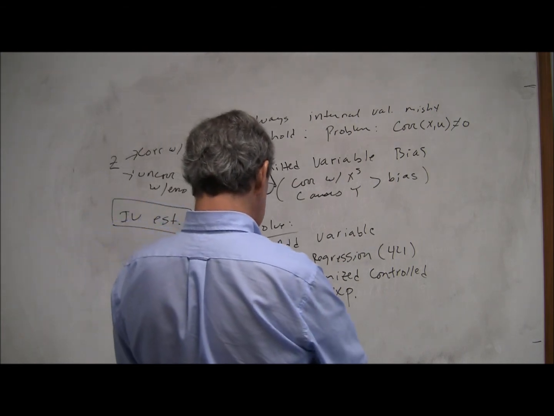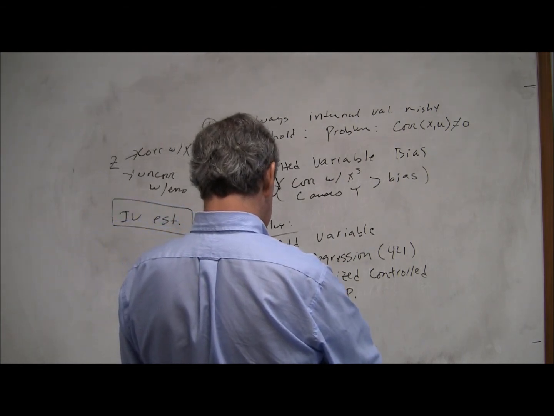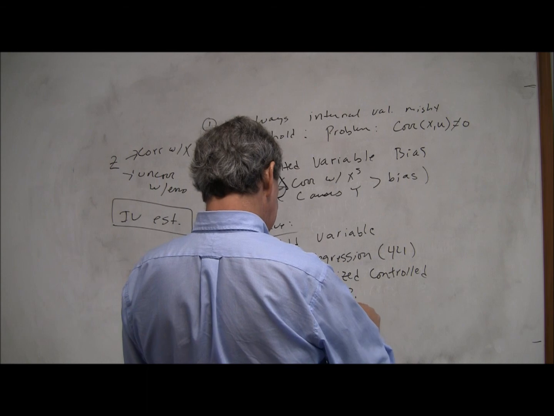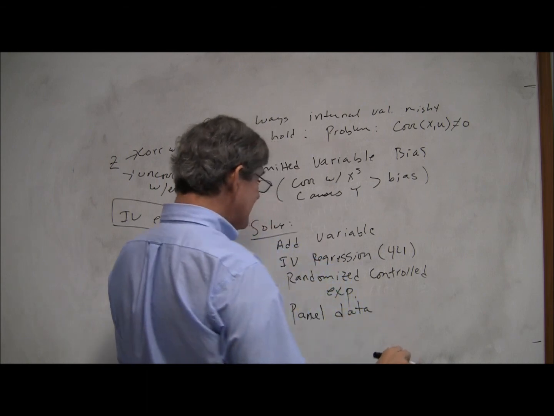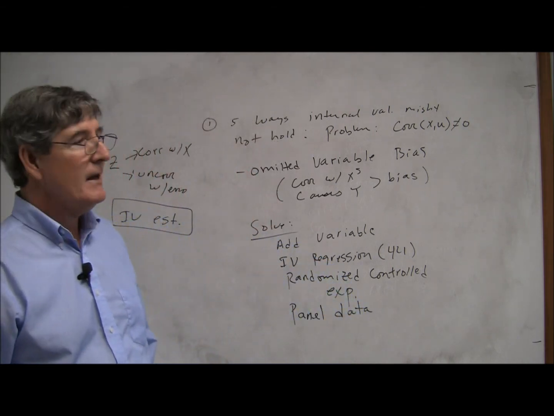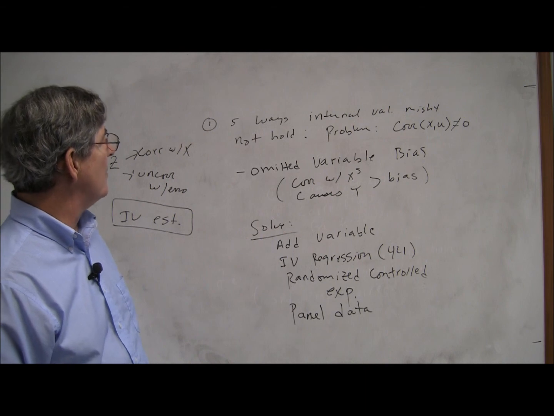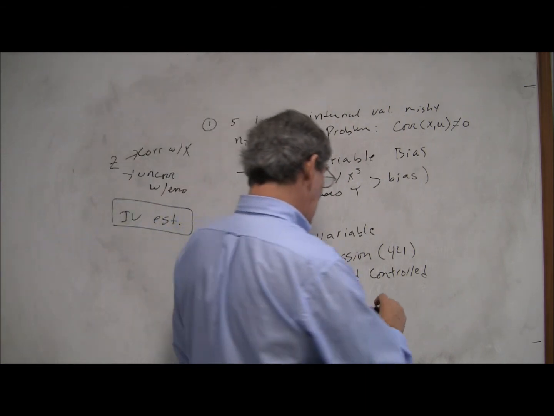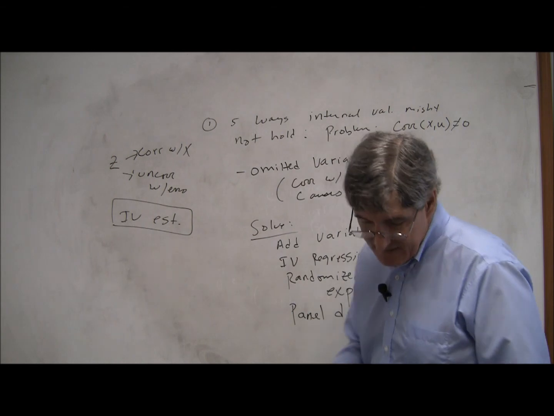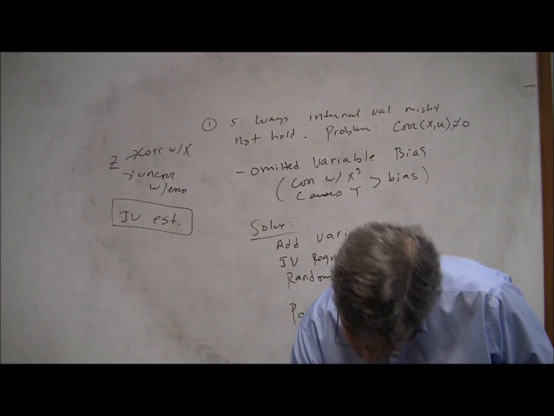I'm not going to be able to explain this, but in the very first lecture, we talked about panel data. That's a cross-section that we follow through time. In panel data, there's a way to do this. You basically add dummy variables.